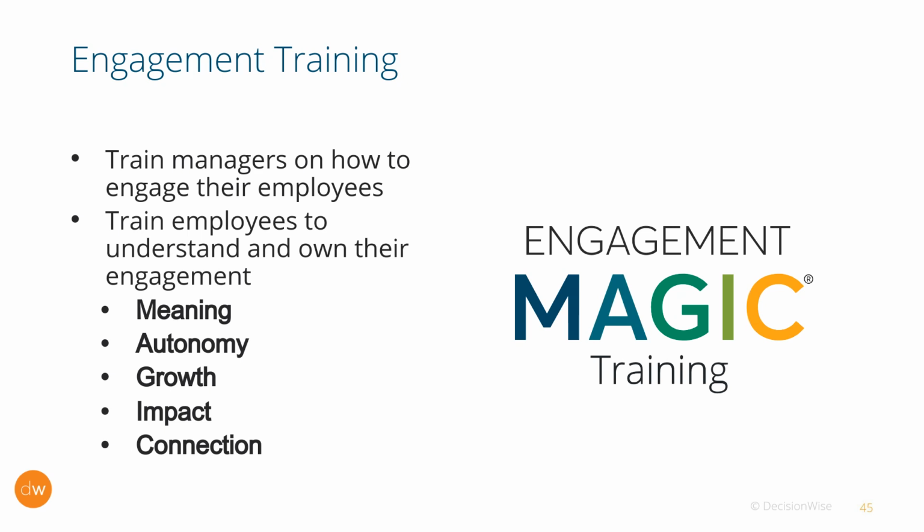And then the other one, Dave touched on this as well, is just training. So, we give people data, we expect them to action plan, but maybe they don't quite understand what engagement means, how to improve engagement, what the behaviors are that I need to do as a manager. We have our own engagement magic training that touches on these. We focus on these 5 drivers of engagement: meaning, autonomy, growth, impact, and connection.